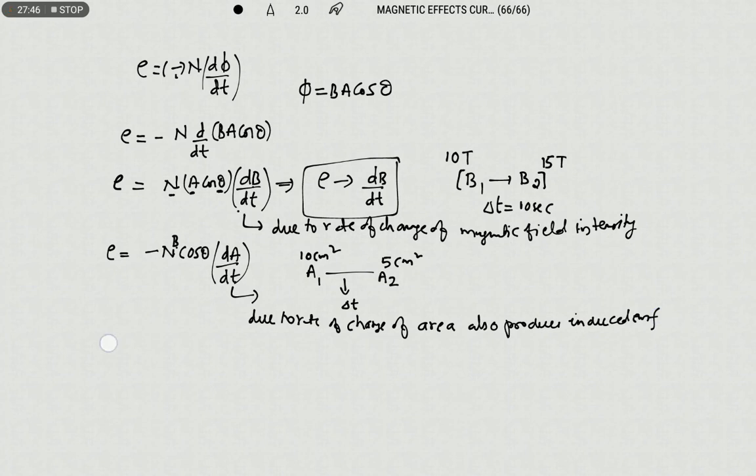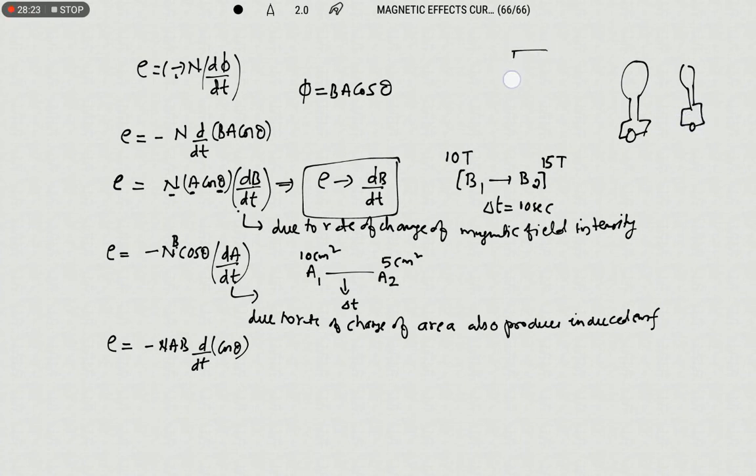And then E is equal to minus nAB d by dt of cos theta. So what is meant by cos theta? Cos theta is nothing but the orientation of the coil, the alignment of the coil with respect to the magnetic field. For suppose initially the coil orientation is like this, now we change the orientation like this. To understand this clearly, let us draw the coil like this.